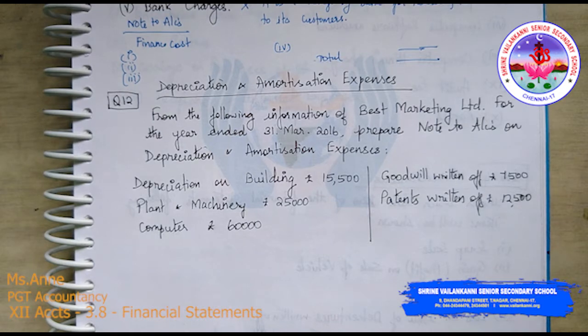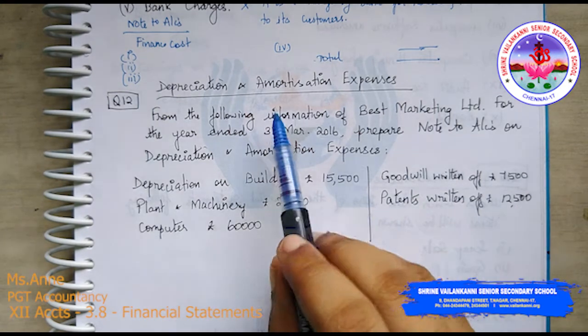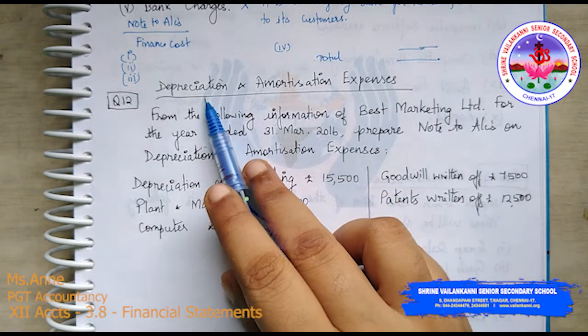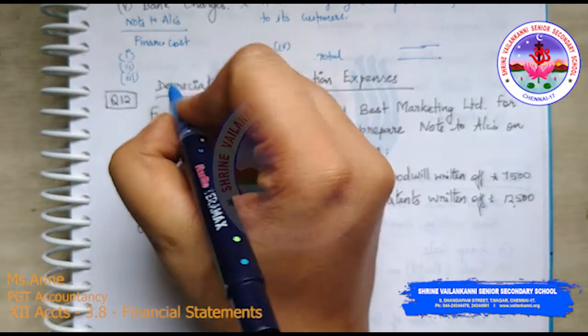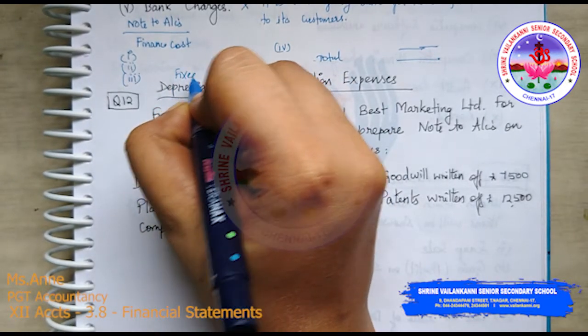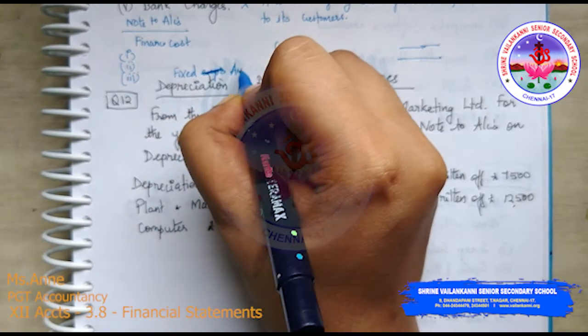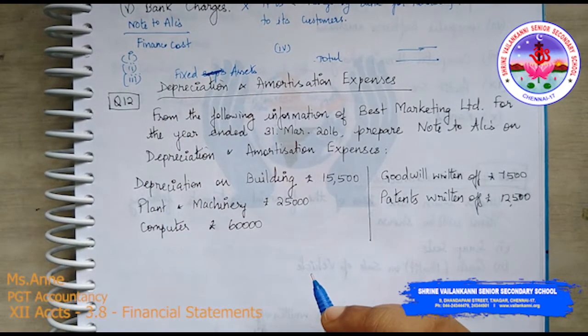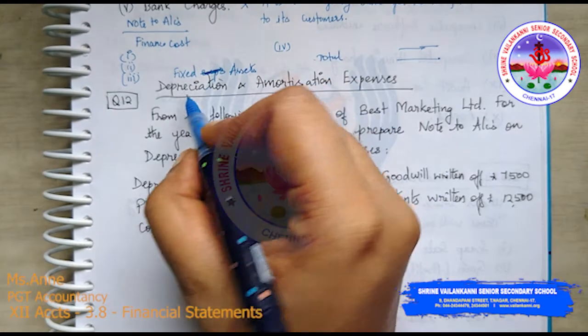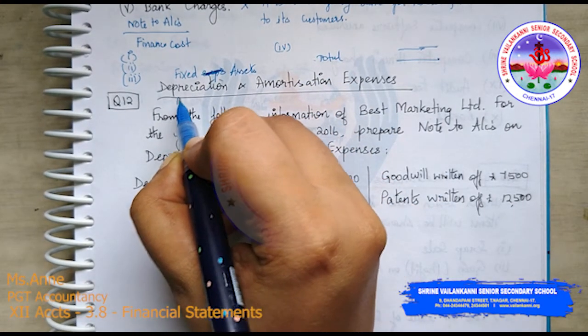Depreciation and amortization expenses. Now what is depreciation, what is amortization? You have to be very clear in this. Depreciation is related with fixed assets. Okay, depreciation is related with what? Fixed assets.